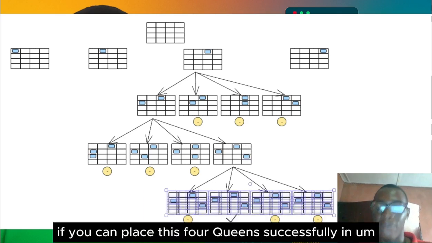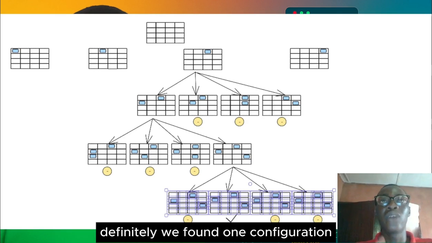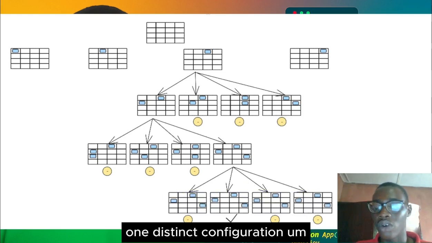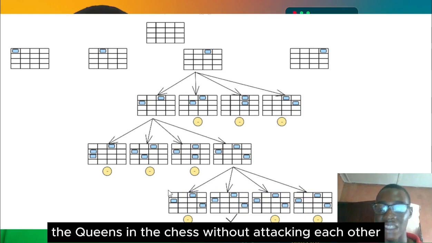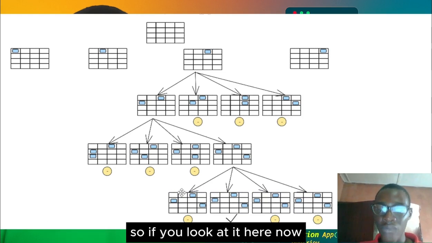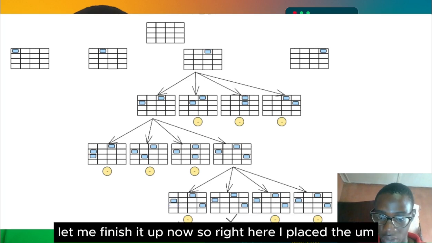If you can place this fourth queen successfully in one of the columns in the fourth row, we have definitely found one distinct configuration where you can place the queens on the chessboard without attacking each other. Right here I did not finish this, let me finish it up now.